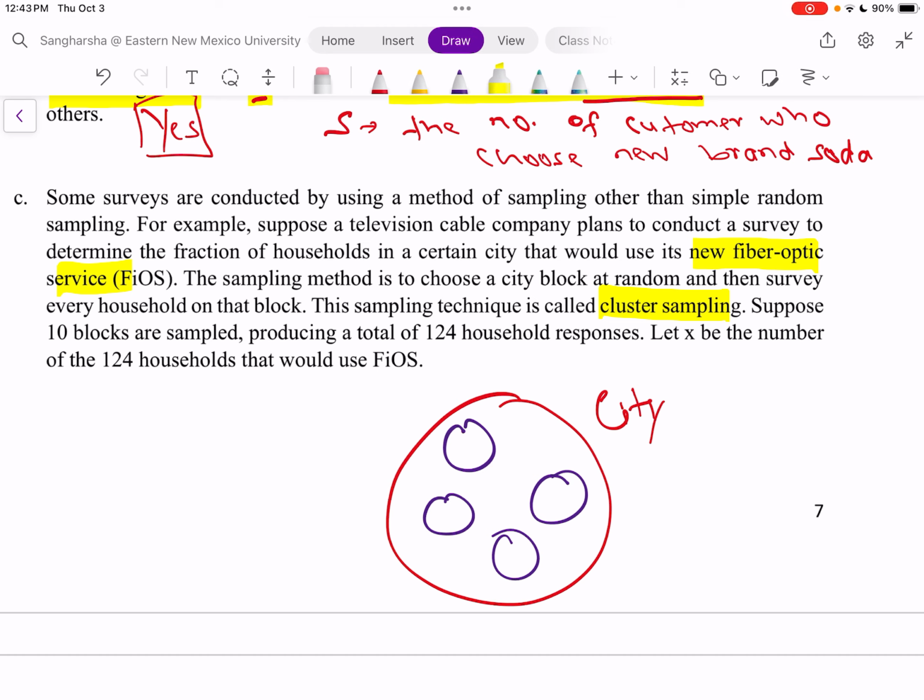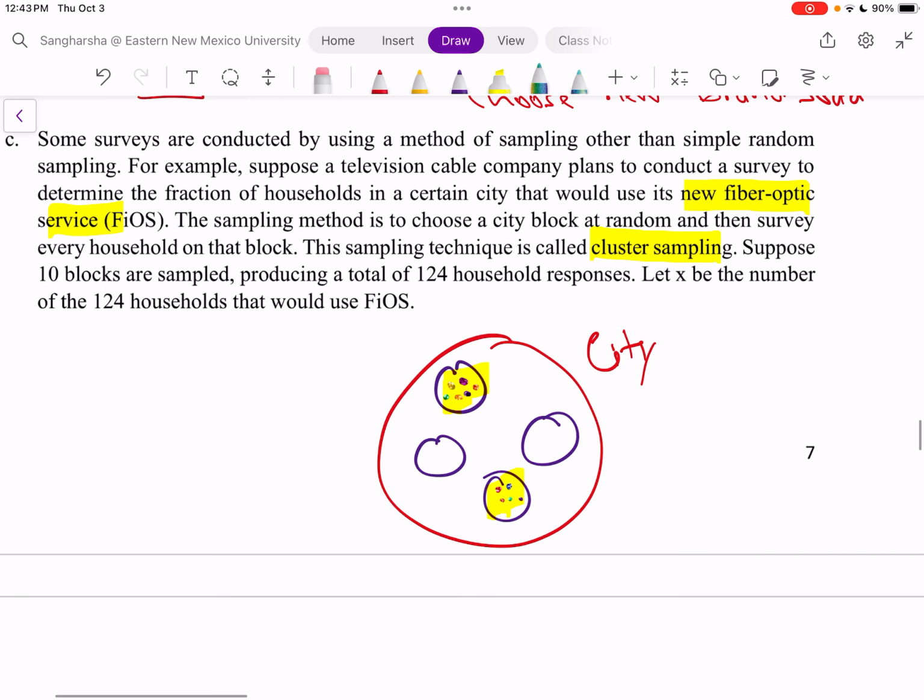For example, let's say they choose this block and this block, 2 residential areas. Then in each residential area, we have a different number of households. It may be equal, it may be less. So there is a different number of households, and they surveyed each household.